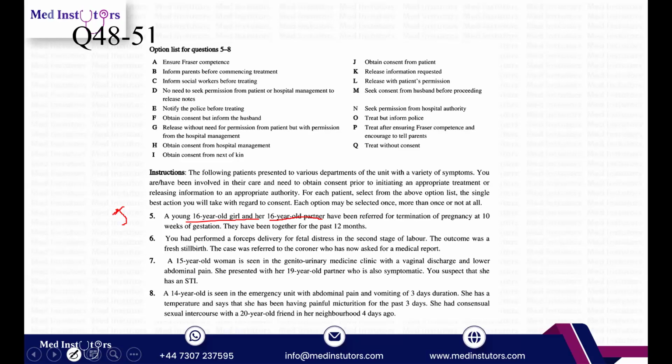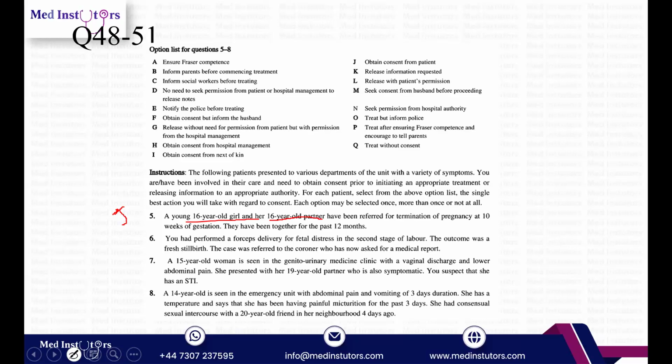You have performed a forceps delivery for fetal distress in the second stage of labor. The outcome of the fresh stillbirth case was referred to the coroner, who has now asked for the medical report. So none of you are answering.